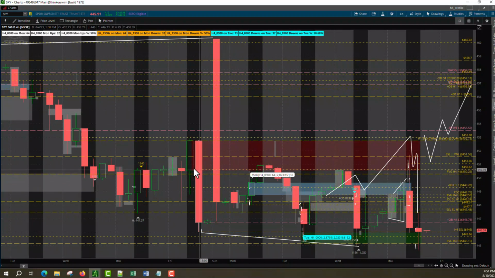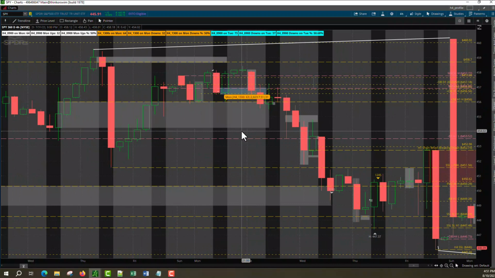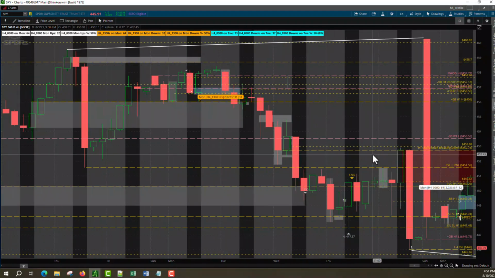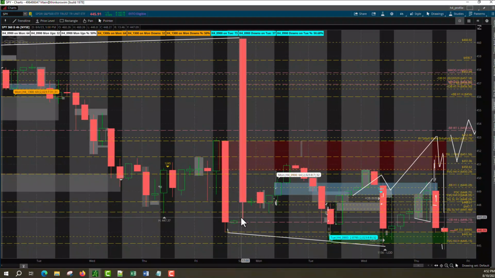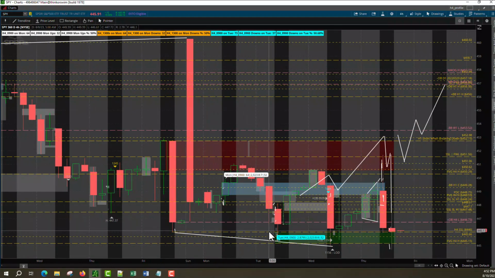You see on Sunday, it opened real high, it took the buy side liquidity of the prior swing high of the prior week, and then boom, it stopped there, and then it hunted for sell side liquidity on Tuesday.